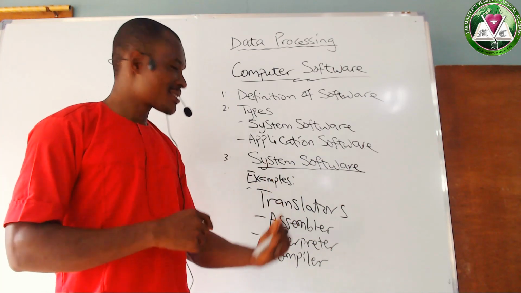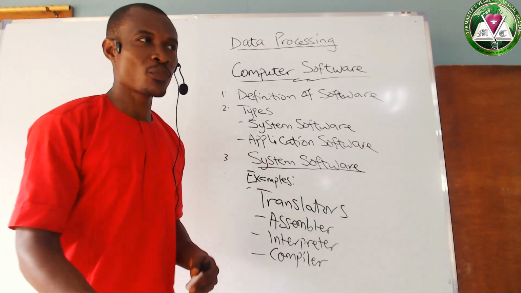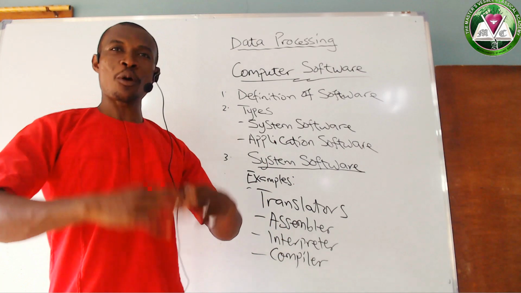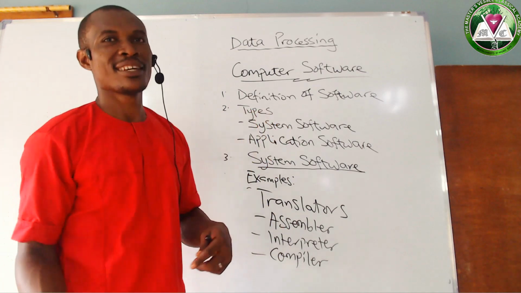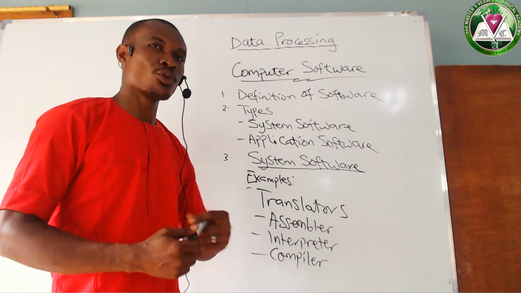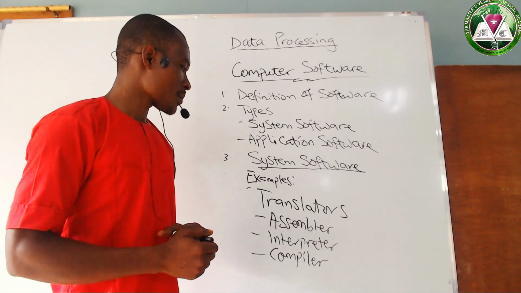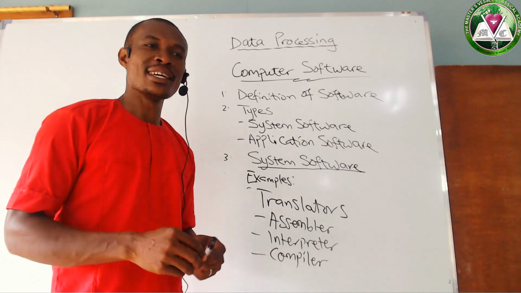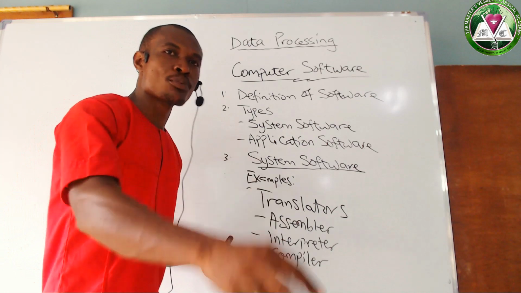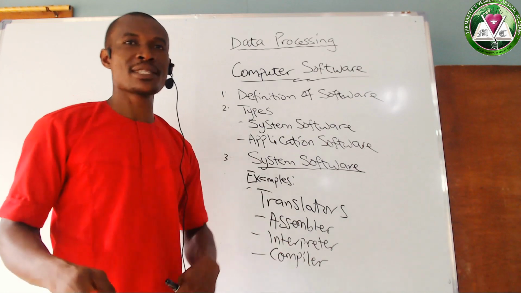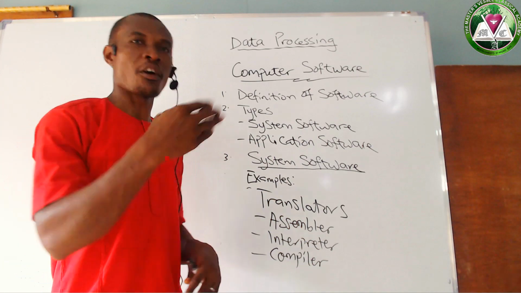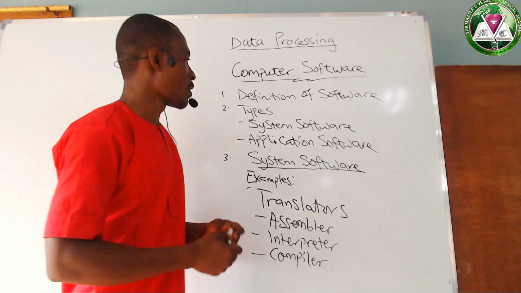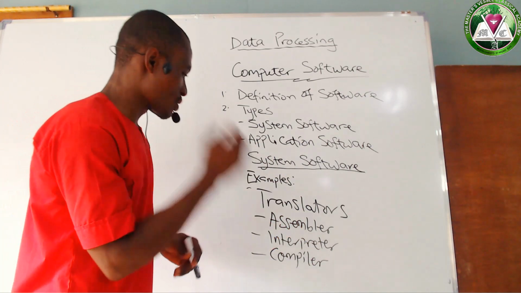It translates line by line and executes them, whereas the compiler compiles the whole source program at a time and then allows execution to follow. What I mean by source program is the program that is written, the raw program that is yet to be converted. So they convert it to machine language. Alright, that is for the translators.